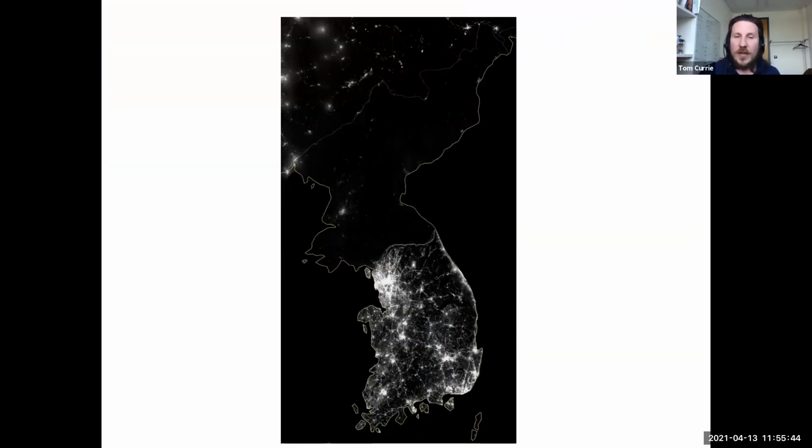Another example of this, and one of the reasons people point to institutions being a key factor apart from other aspects of culture, is that you can look to what they call natural experiments in history. Here we have a picture of the Korean peninsula at nighttime. It's dark, apart from all the white dots, which are night lights.